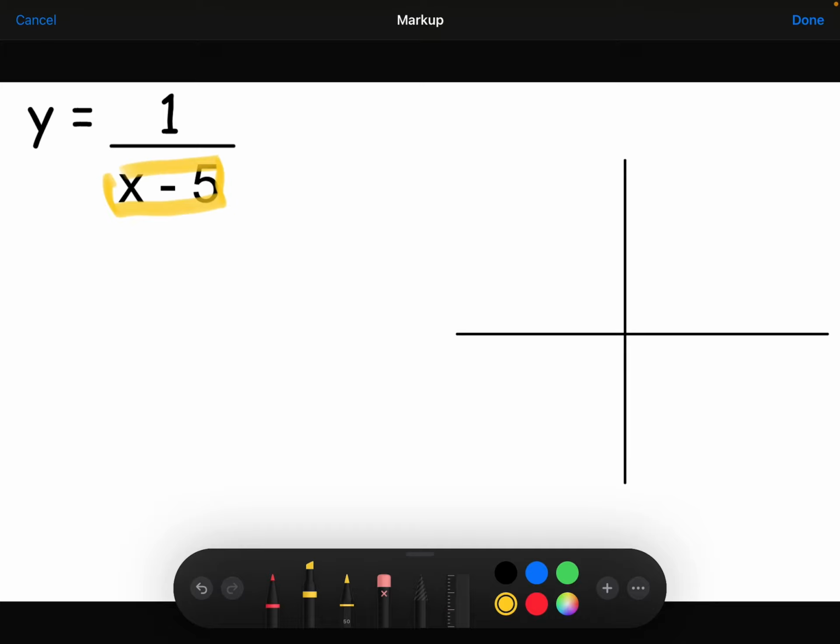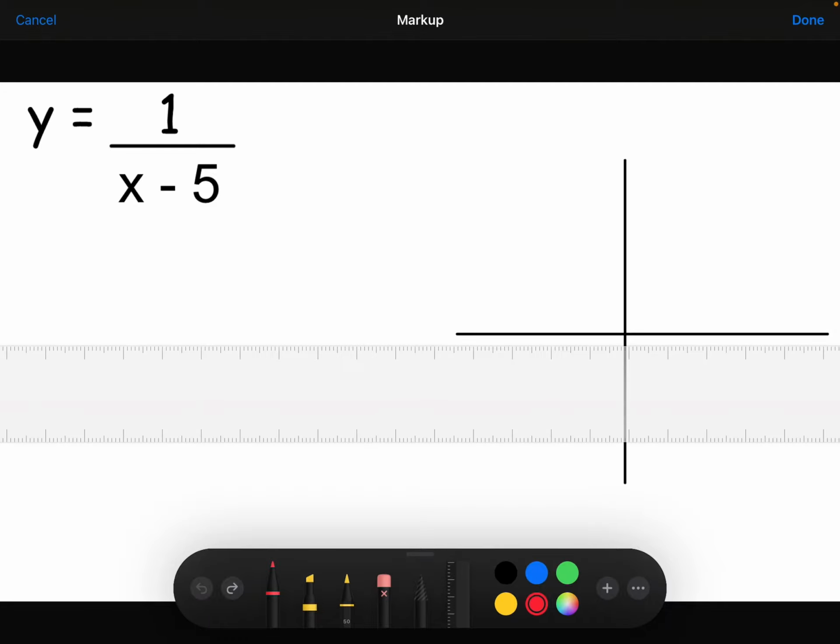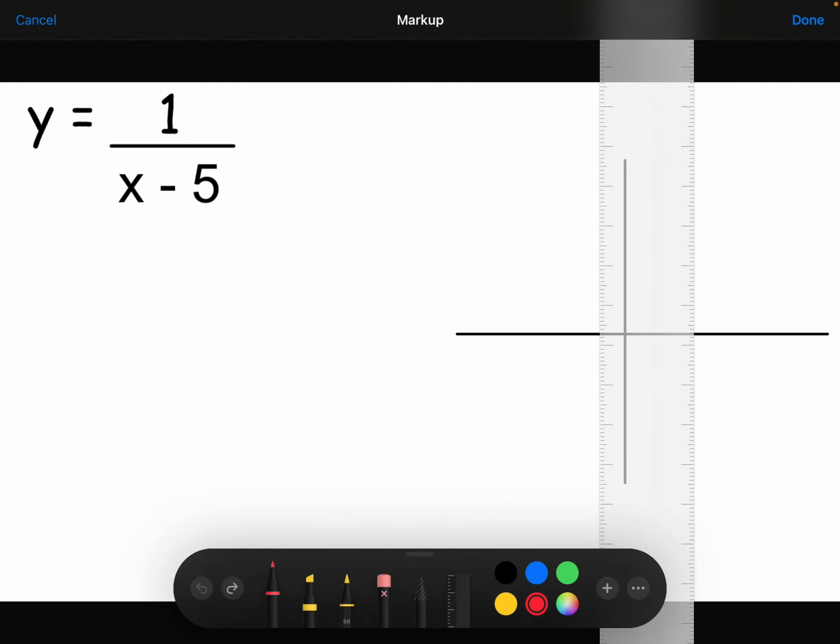So if this can't equal 0, so if x minus 5 is not allowed to be equal to 0, then x is not allowed to be equal to 5. I can't substitute 5 in here, because if I did, I'd do 1 divided by 0. So this function is not defined when x is equal to 5. So that is where my vertical asymptote is now.